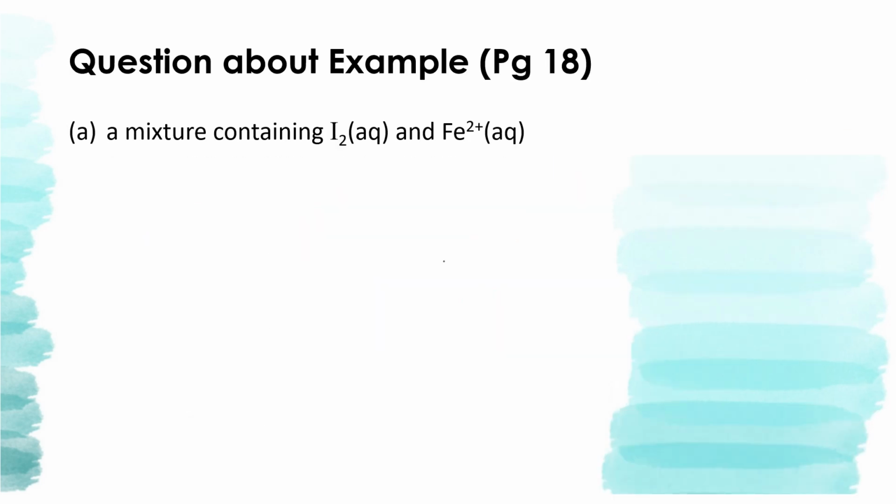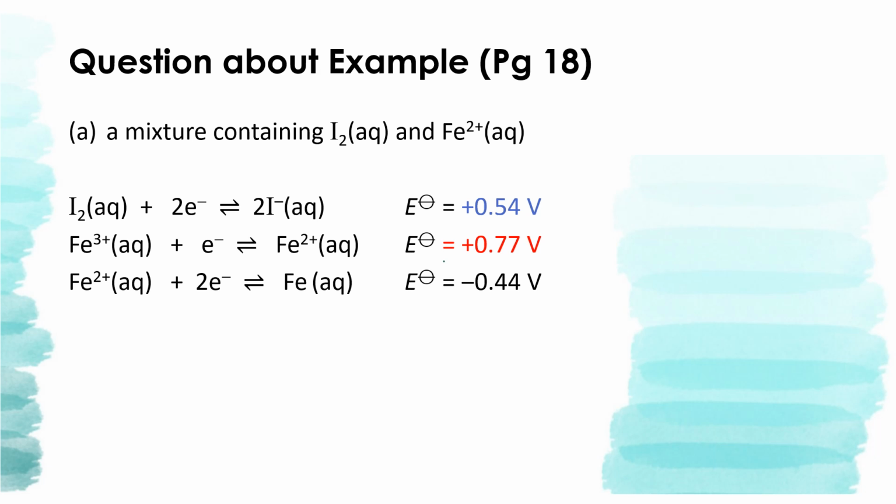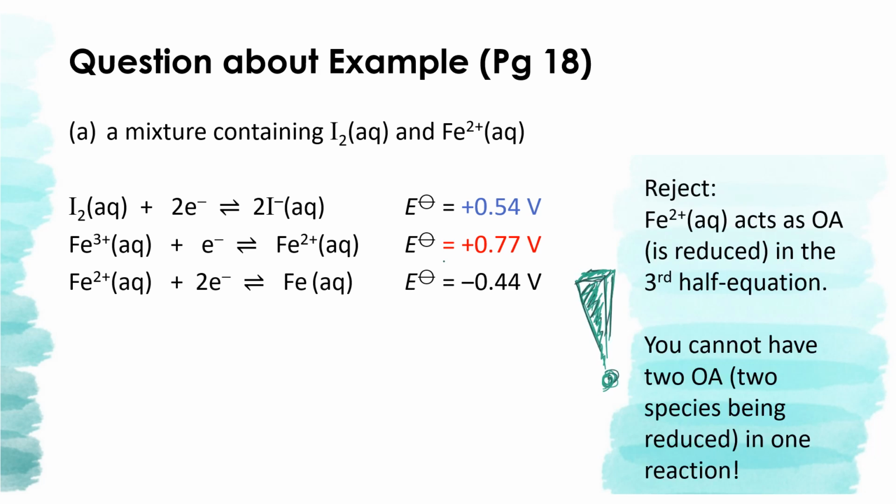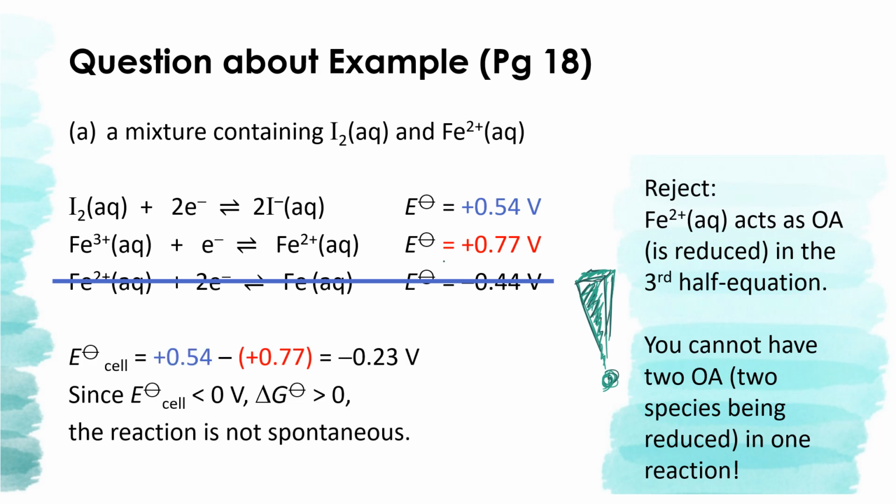A mixture that has I2 and Fe2+. What we are trying to say here is what I said in the previous slide. We cannot use the last one, which I cancelled out in a blue line, because we cannot have "red or ox". So we reject the one that I've cancelled out in a blue line. Understand?